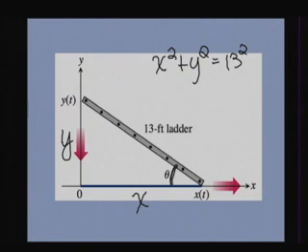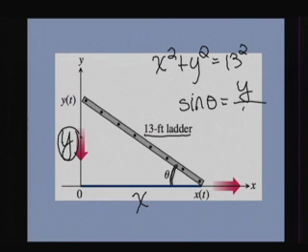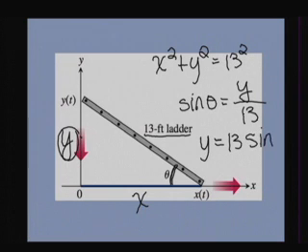We can use trigonometry to help us here, because we can look at the side opposite theta, which is y. The ladder is the hypotenuse, so we know the sine of theta is equal to y over 13. So the equation that I'm actually going to end up using to solve one of these parts is y equals 13 times the sine of theta.